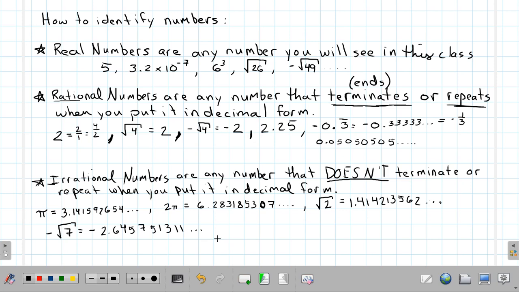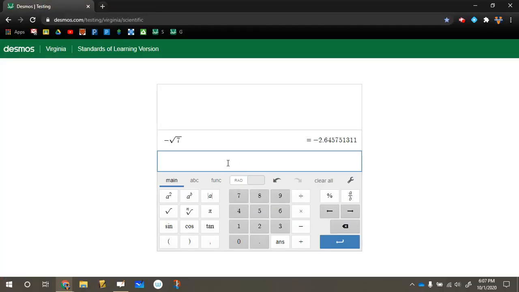And once again, since this is the square root of something that is not a perfect square, just so everybody's on the same page, what I mean by perfect square, well, what if we took the square root of 4? Well, that's just the number 2. If we took the square root of 9, that's just the number 3. If we took the square root of 16, that's just the number 4. If we took the square root of 169, that's equal to 13, okay?